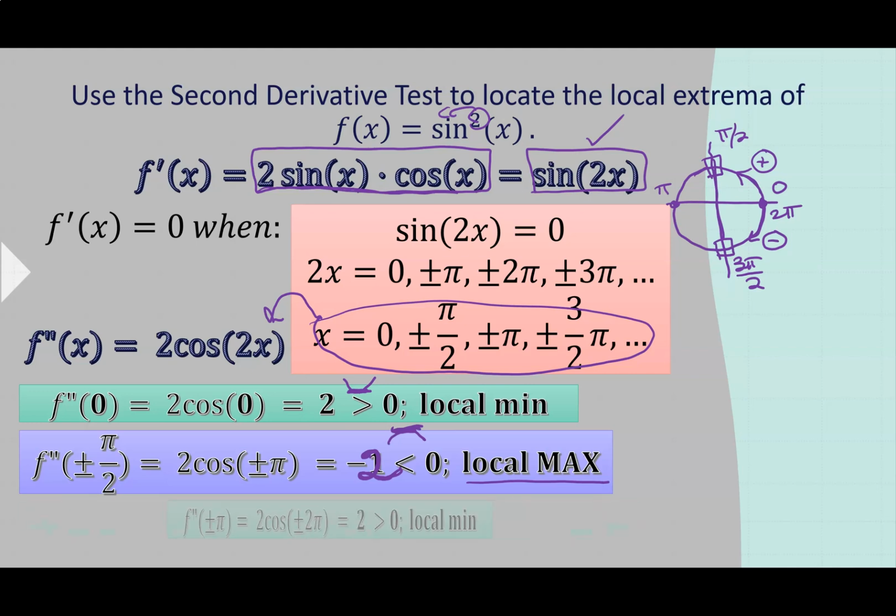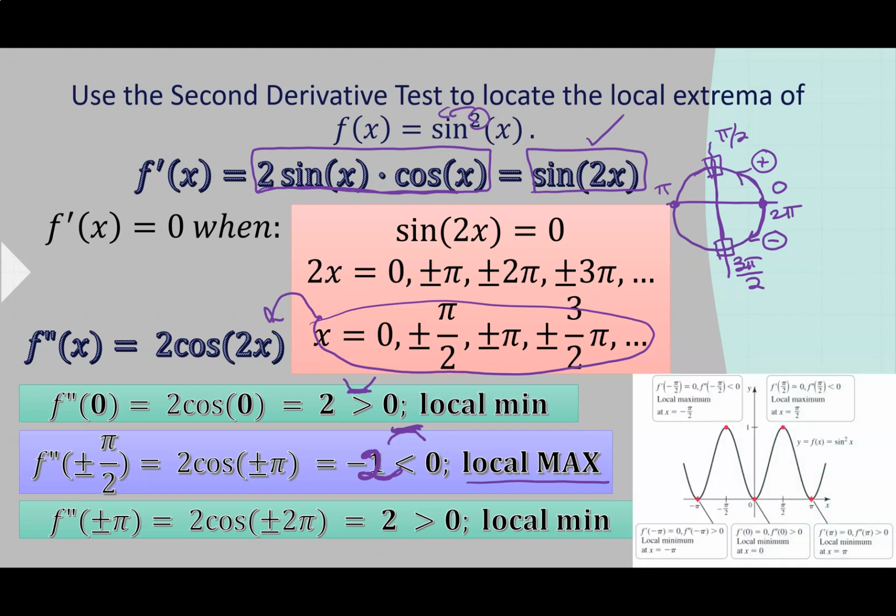And I think the process will repeat itself and your values would be alternating. So when you plug in pi, you would have 2, which is a positive number, so it will give you a local minimum, and so on.